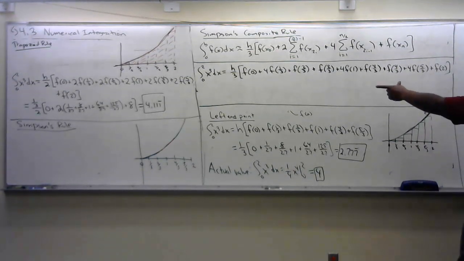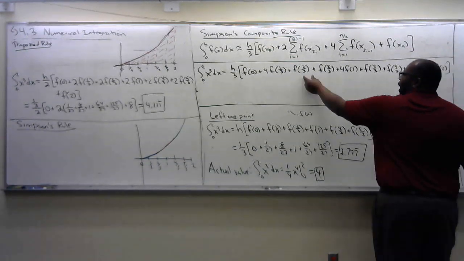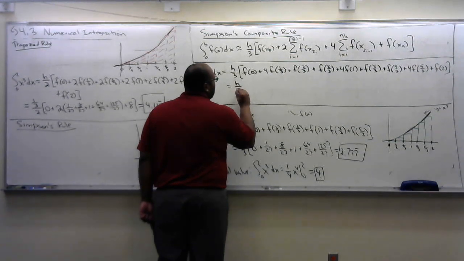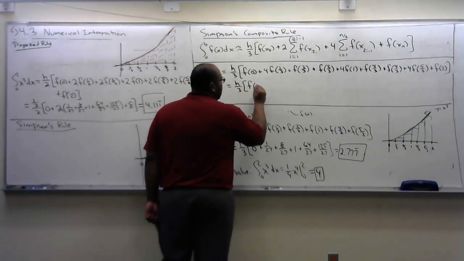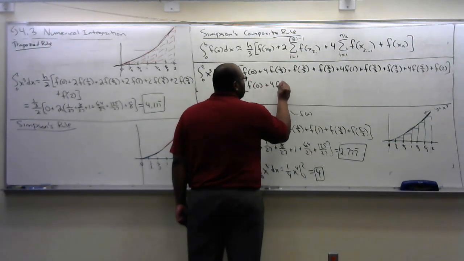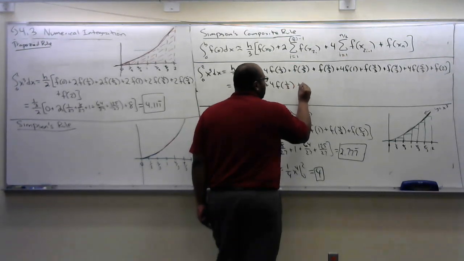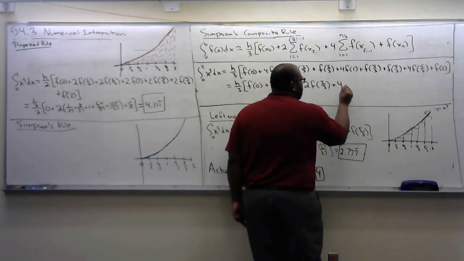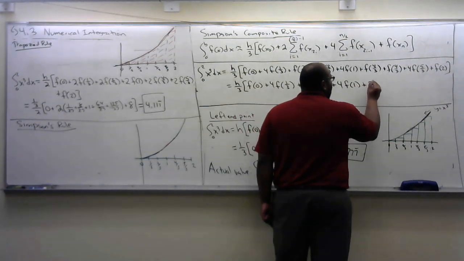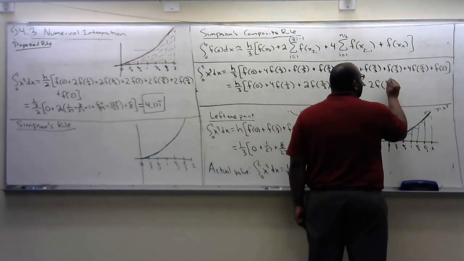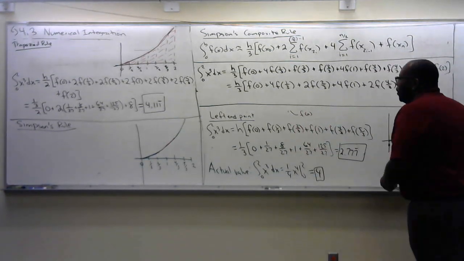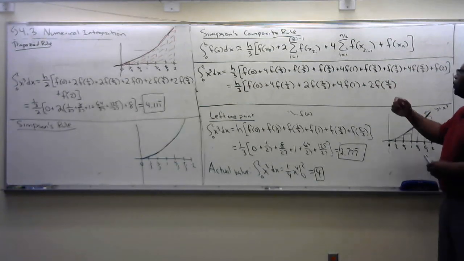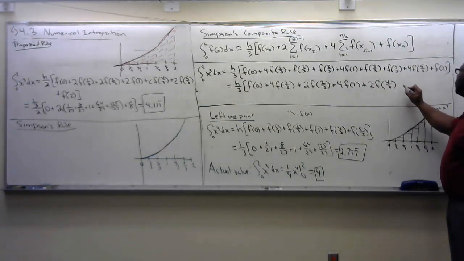But really, when I look at this, I just add these together. And we have this kind of alternating values where we have 4, 2, 4, 2, 4, 2, except at the endpoints.